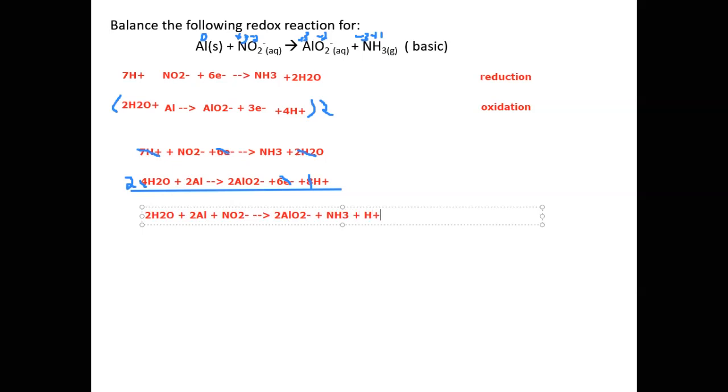Now, since this is in a basic solution, we have to add the number of hydroxides on both sides to balance the H plus. So since there's an H plus here on the product side, we got to add 1 OH minus. And since we add 1 OH minus on that side, we have to add the same on the reactant side.